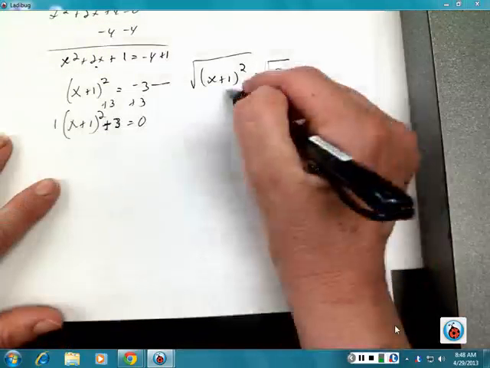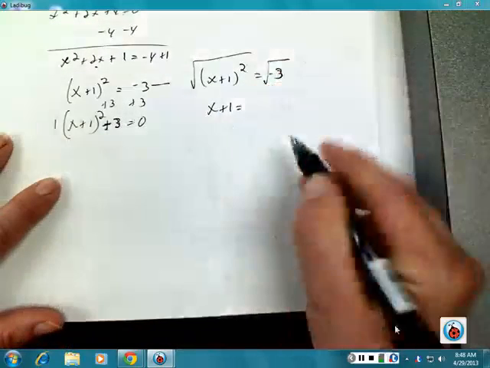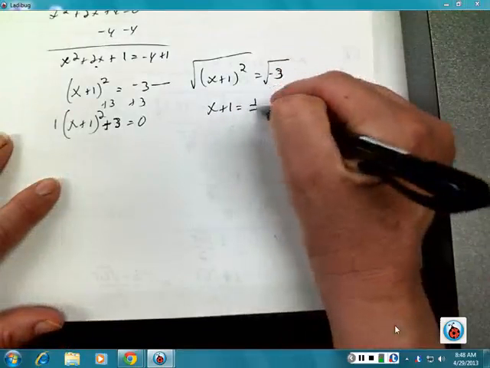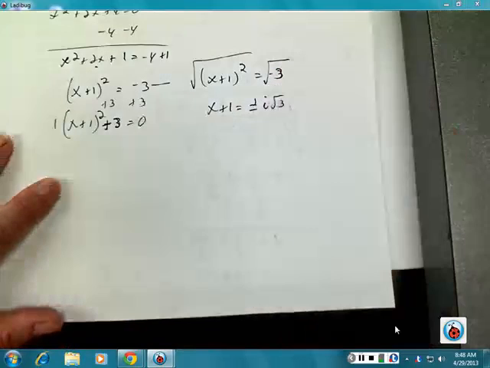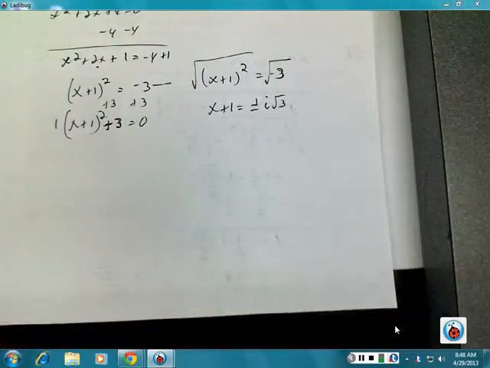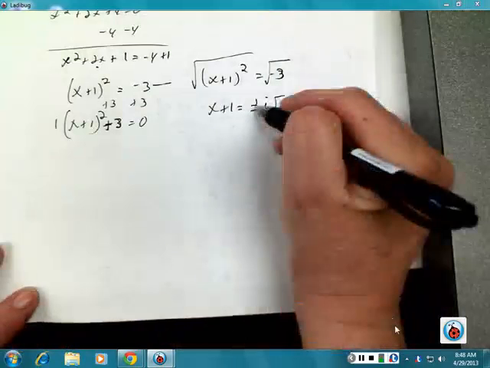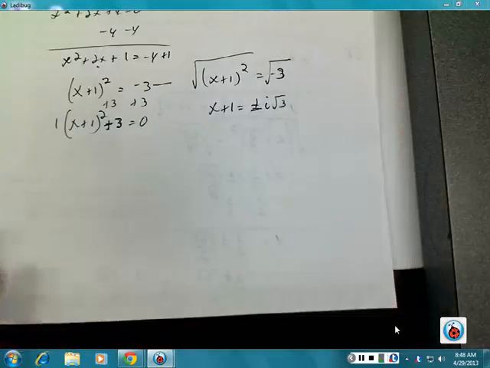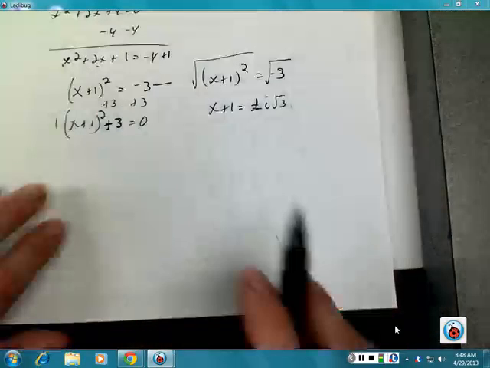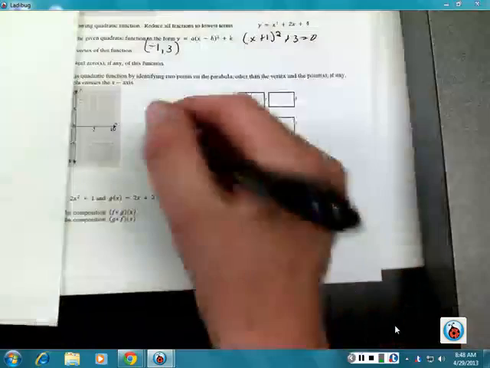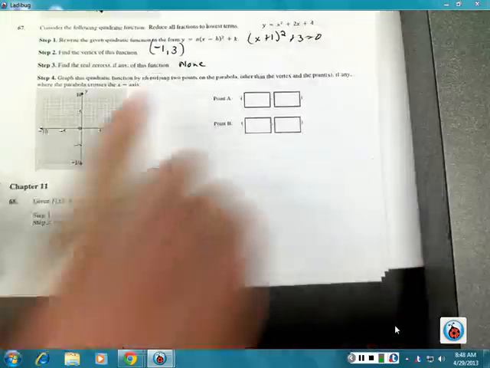So I find out that x plus 1 is equal to plus or minus i square root of 3. So it means there isn't any in this case, because as soon as I end up with an i in there, I have no spots where it crosses for my x-intercepts. So I don't have any, so I'd have to say no on this one, or none. So I don't have any real zeros.